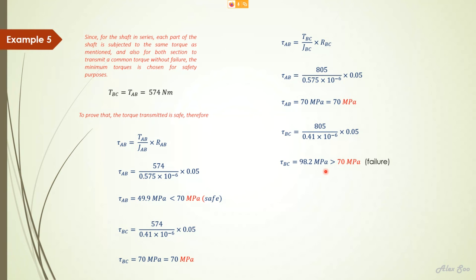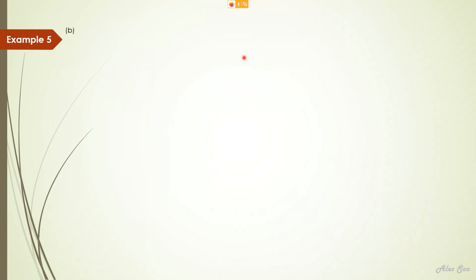Do you get what I mean? So our design will be based on 574. That is the safe power to be transmitted. Based on 574 and the speed of 210, which is given in the question, the safe power to be transmitted is 12.62 kilowatt.